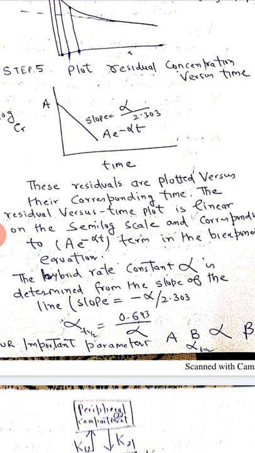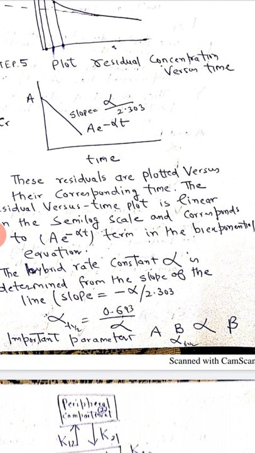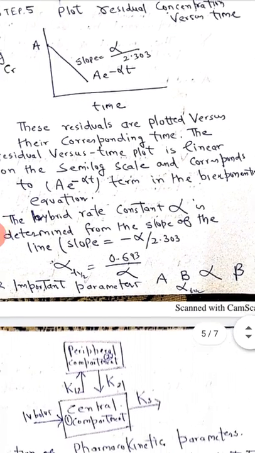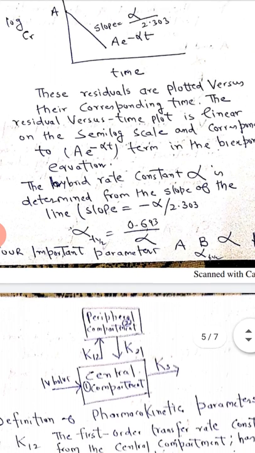The residual versus time plot is linear on the semi-log scale, and corresponds to the term Ae^(-alpha t) in the biexponential equation. The hybrid rate constant alpha is determined from the slope of the line. Mathematically, slope is equal to minus alpha divided by 2.303.